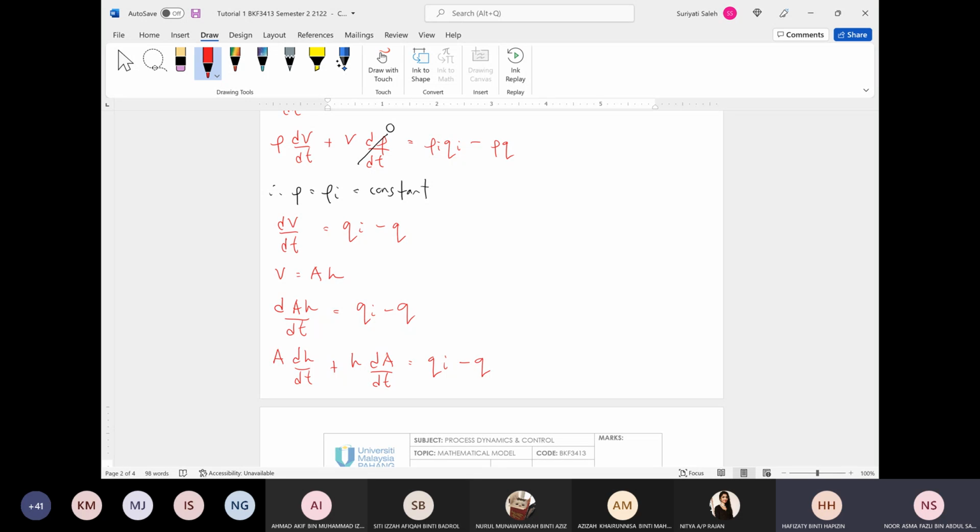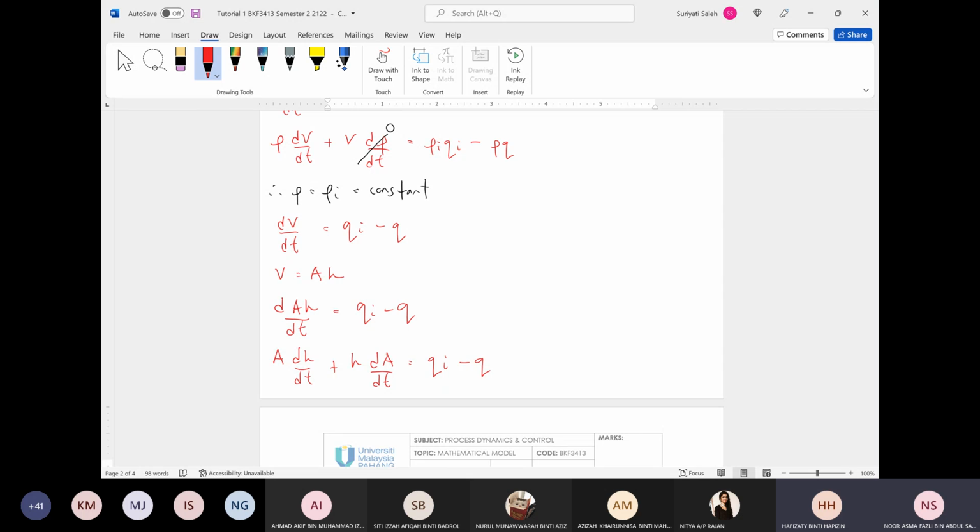According to this, you have two terms on the left hand side. The first term is A multiplied with dH over dt, the change of the height against time. The second term is H dA over dt, the change of the area against time. Since we normally use a fixed tank, the same shape throughout the process, the cross-sectional area of the tank will not change against time.